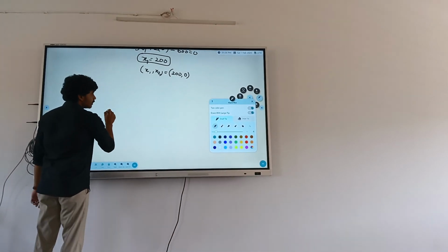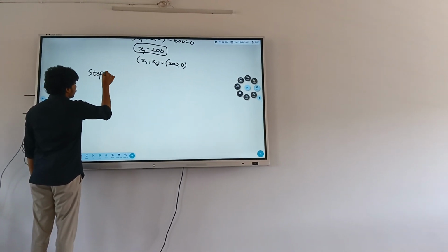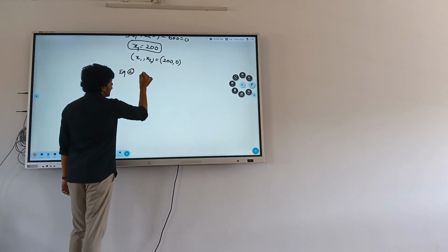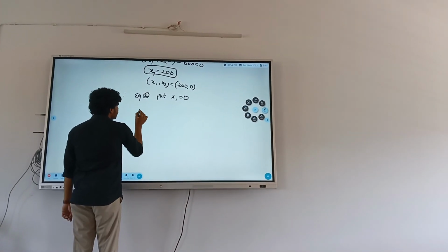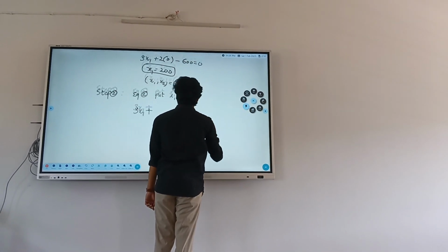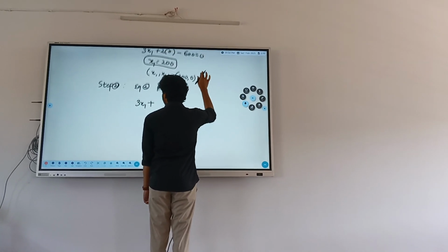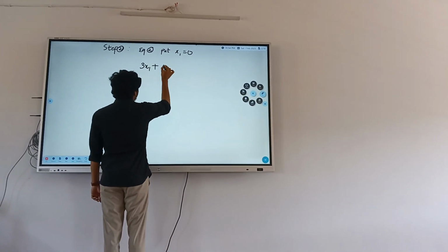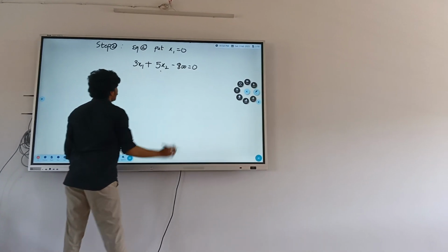Let us take step 2. Consider equation 2 and put the x1 value as 0. Equation 2 is 3x1 plus 5x2 minus 800 equals 0.